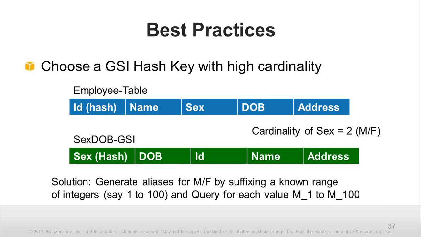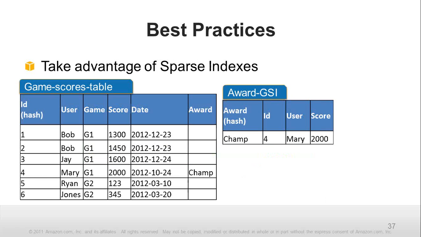That gives you 100 times more throughput. GSIs give you a lot of power, but one needs to be careful not to put a hash key on an attribute that has very low cardinality. If you run into that situation, you could use this mechanism to still use the power of the GSI.